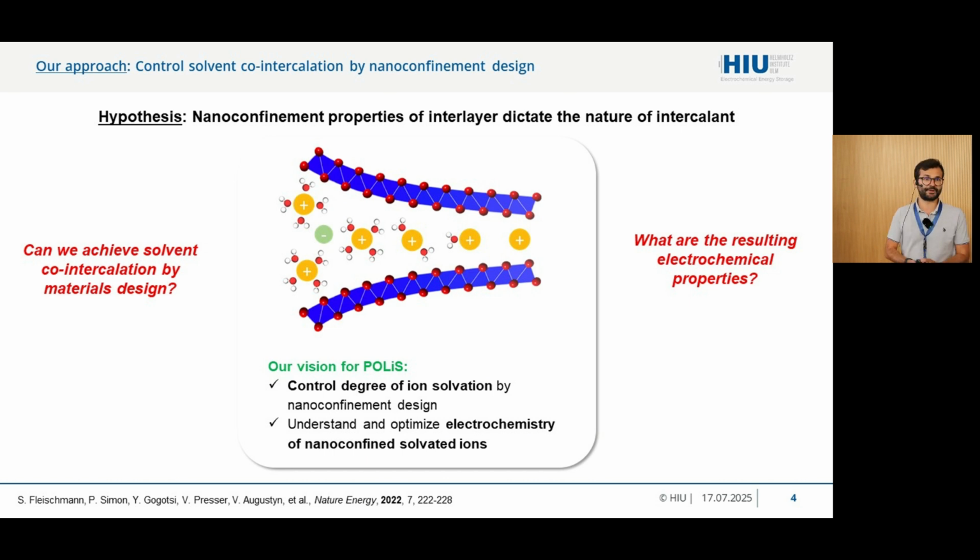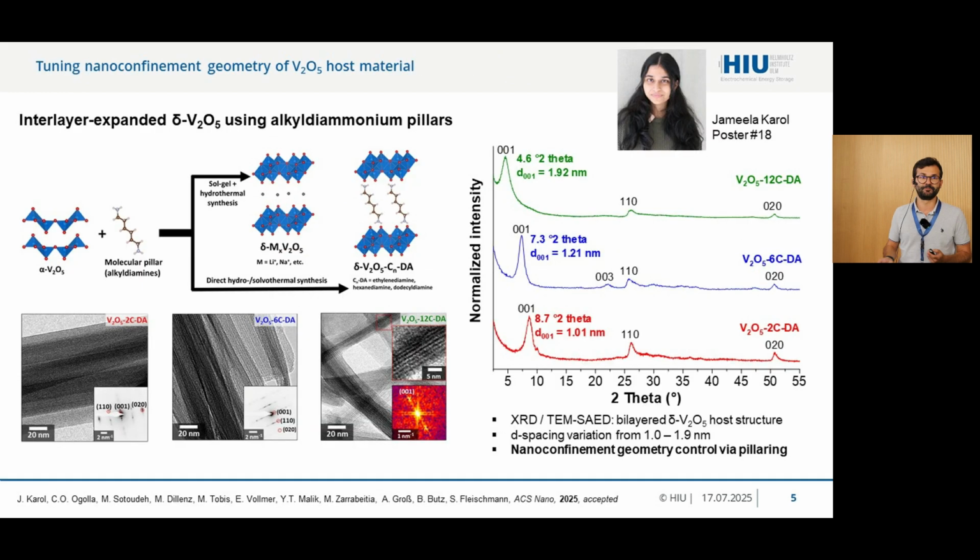Then, of course, the question arises: what are the electrochemical properties of these co-intercalation reactions? We have seen from literature that they differ quite a lot from desolvated ion intercalation. How can we study such effects? We need suitable model systems. One of the most successful materials so far in my group is the vanadium pentoxide system, which my PhD student Jamila has also presented on her poster.